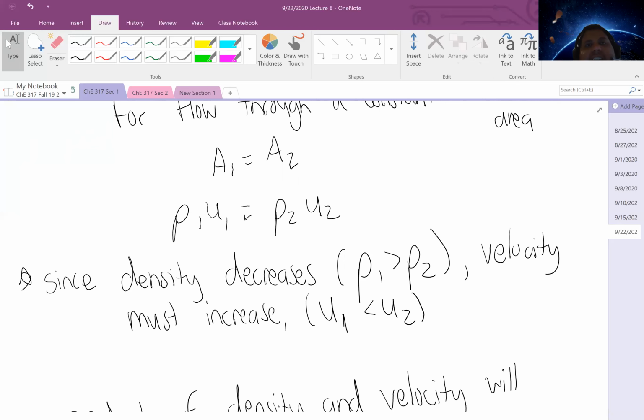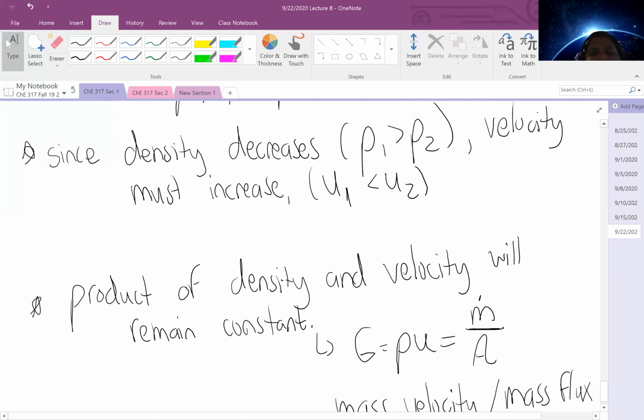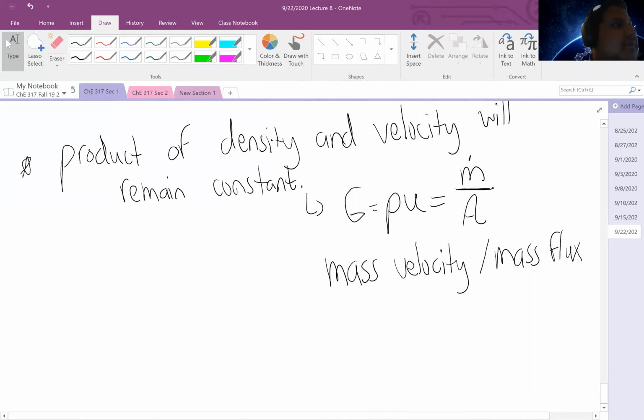And we quantify that by the mass flux, the mass velocity, and that becomes an extremely important quantity to consider as we discuss and quantify frictional dissipation and energy balances in compressible flow.